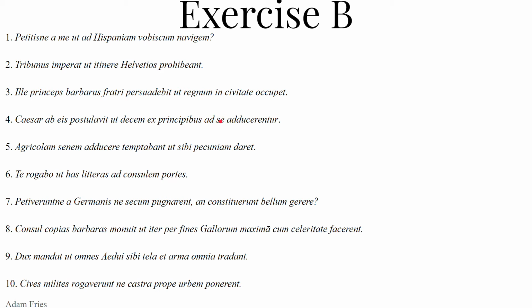Now, the question becomes, what's the subject here? We've got this subject here, third plural, and this subject here, Caesar. When we have a clause like this that is first conceived in the mind of a person, like Caesar first thought that he should demand of 10 of the chieftains to be led to him, he means himself, that the chieftains be led to he himself, Caesar.